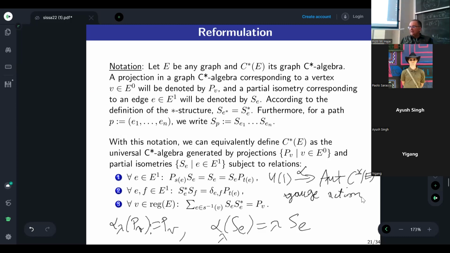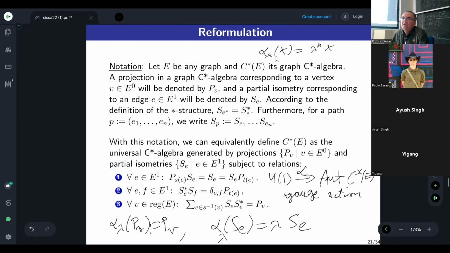Yes, it is true for all C-star algebras that if you have a C-star algebra with a U1 action, it means that you have a grading by integers. Just basically take the Pontryagin dual. And it's very easy how you define these components. You look for homogeneous elements with the property that alpha lambda acting on x must be equal to lambda to the n, where n is any integer, not necessarily a natural number, times x.